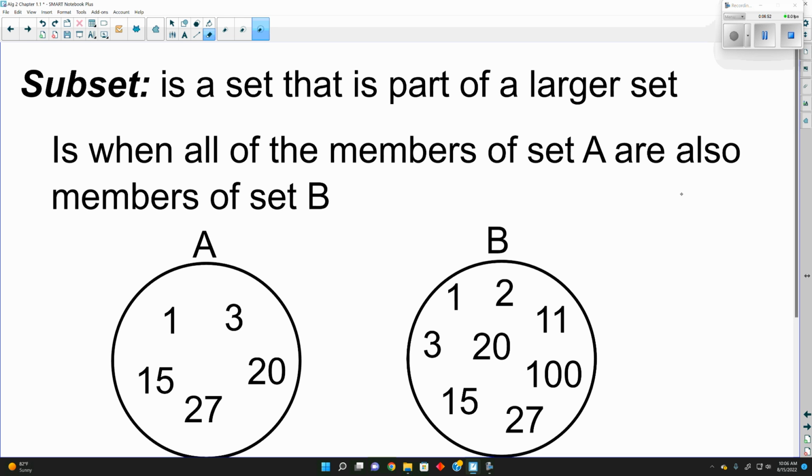It is when all the members of set A are also in set B. I mean, there's different ways we can say it. If you know a better way to say it in your own words, use your own words.